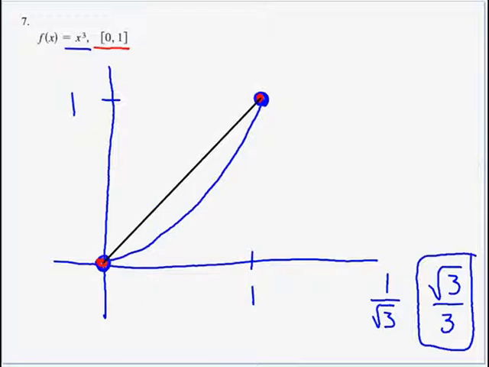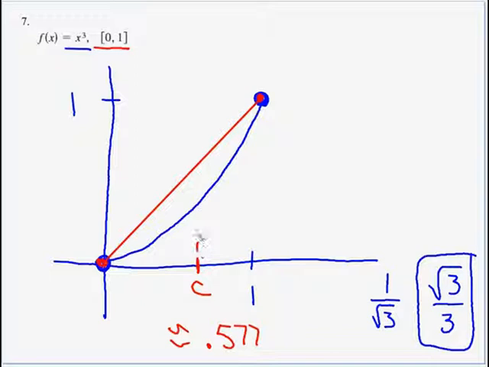So I can do this. Oh, I didn't want to do that in black. I wanted it in red. So here's the secant line. Now what we want to do is find a point of tangency where the tangent line will be parallel to this line. And we found that as square root of 3 over 3. That's approximately 0.577. So a little bit past the halfway point, here's our guaranteed c value.